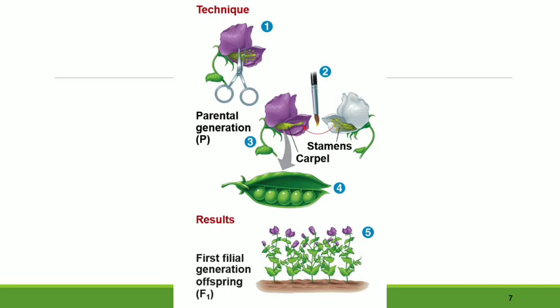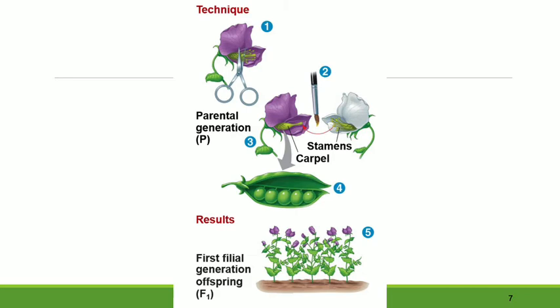Okay, so he was able to manipulate some of this natural process by crossing different plants with one another. So what he would do is he would cut off the anthers, the male parts, off of these purple flowers, for example.